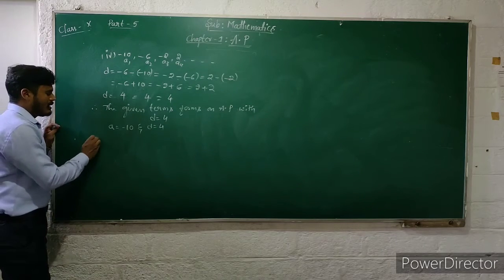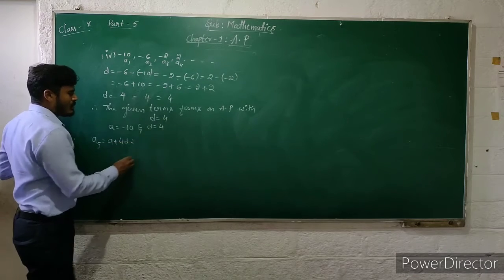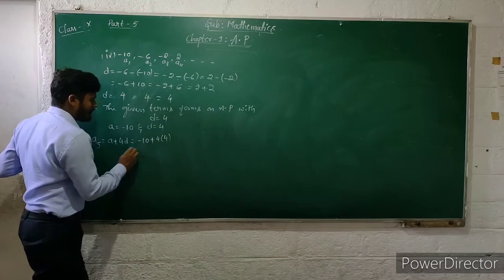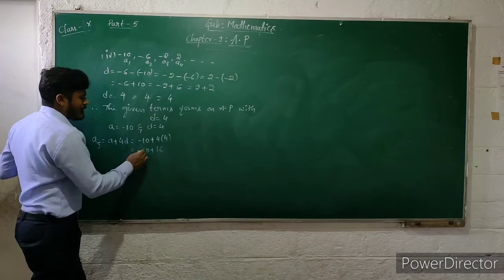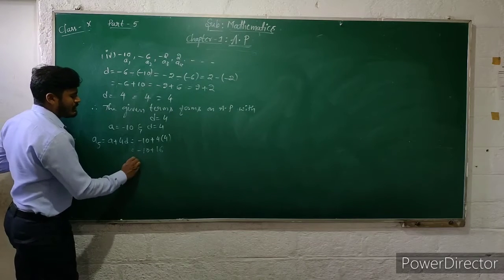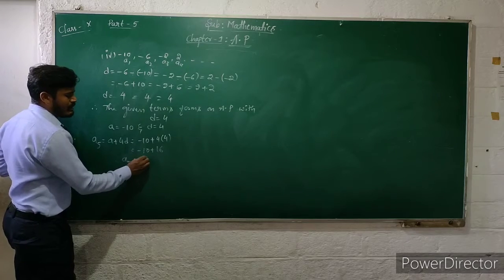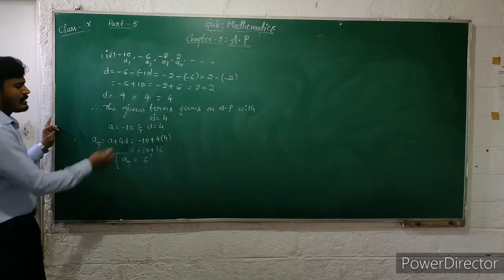Here the next three terms are: fifth term, A plus 4D. This is equal to -10 plus 4 of 4, which is -10 plus 16. So -10 plus 16 is nothing but what? -10 plus 16, so 6. 6 is the answer.